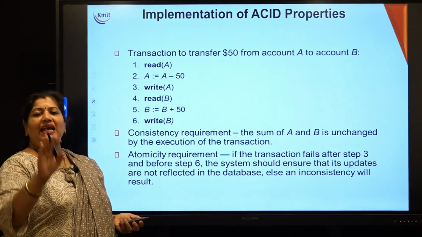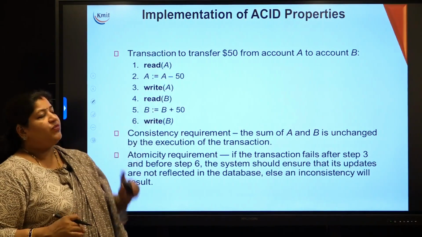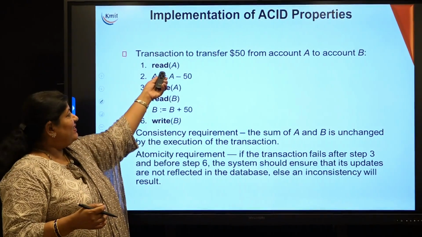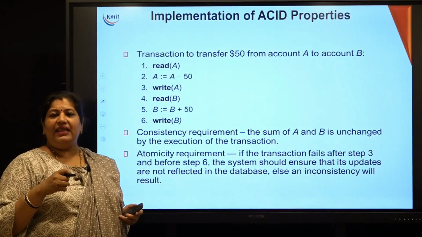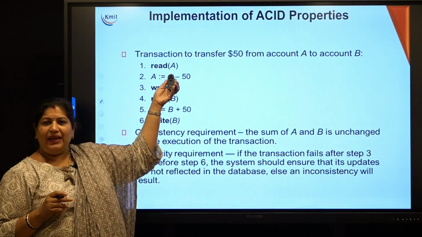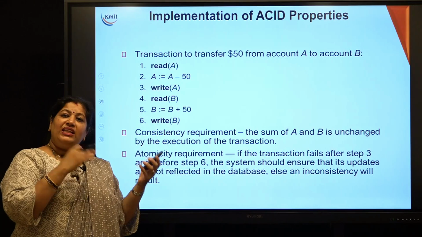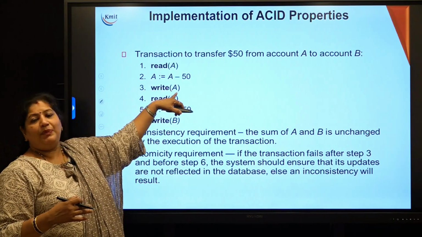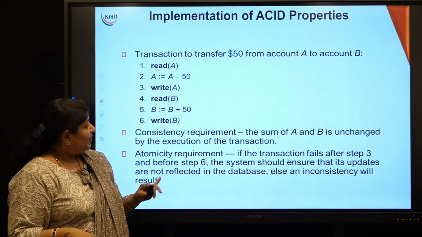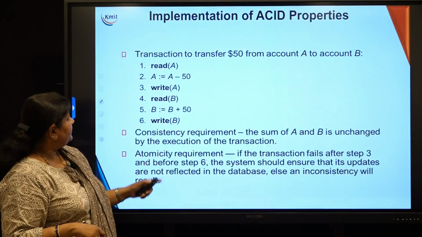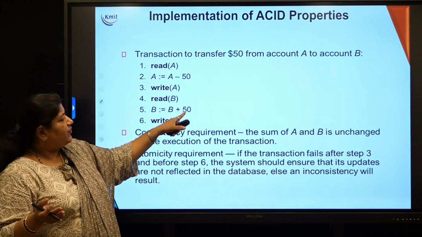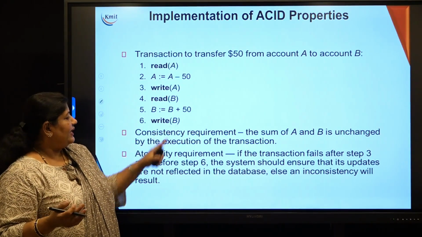Say I am transferring $50 from account A to account B. The series of actions, as we said: read from the database, read the value of the balance of account A into a local variable, perform the arithmetic operation in the ALU, and then update it into the local program variable A. Similarly, read from B and then update it by increasing, because you have deducted from here and you are increasing here, and write it back.